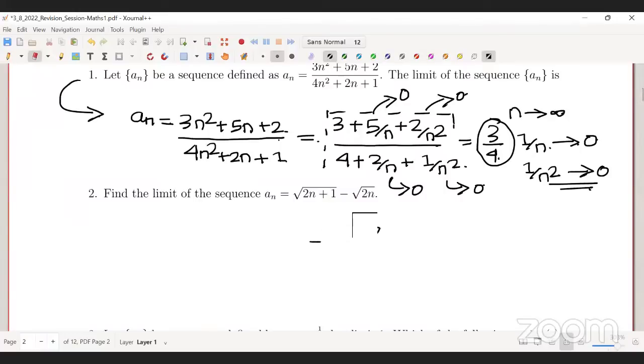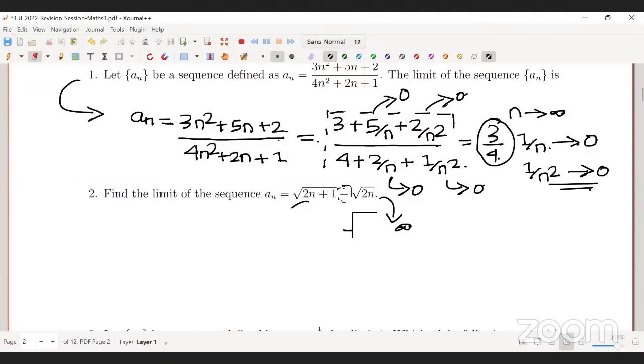But when n tends to infinity, this will go towards infinity, and also this will go towards infinity, but the problem is here you have a minus sign. You don't have a positive sign, so you don't know what will happen to the whole term.